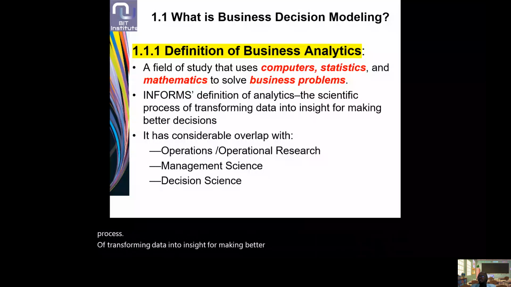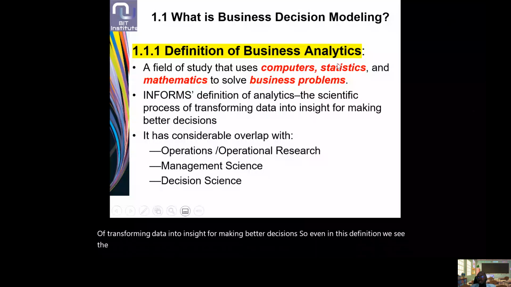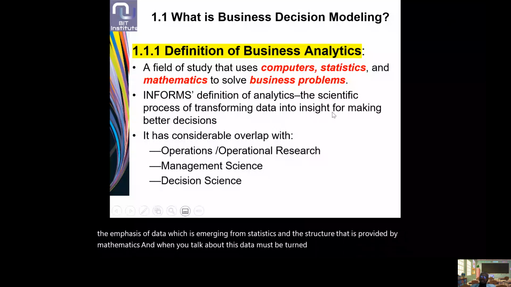So even in this definition, we see the emphasis on data, which emerges from statistics, and the structure that is provided by mathematics, right? And this data must be turned into insight for making better decisions.